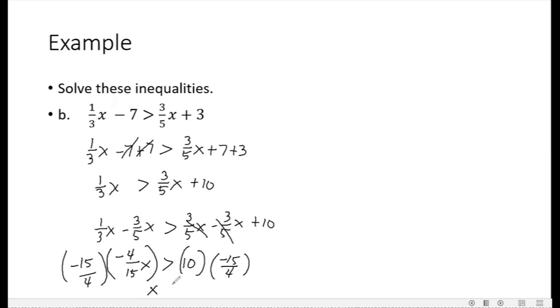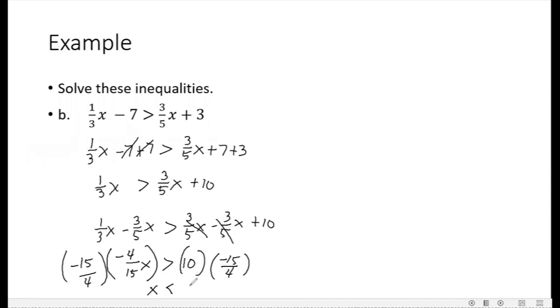From greater than, it becomes less than. And the result will be 10 times negative 15, and that is negative 150 over 4, or simply negative 75/2.